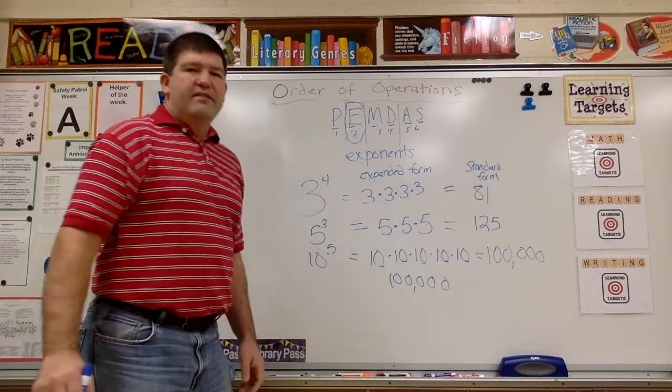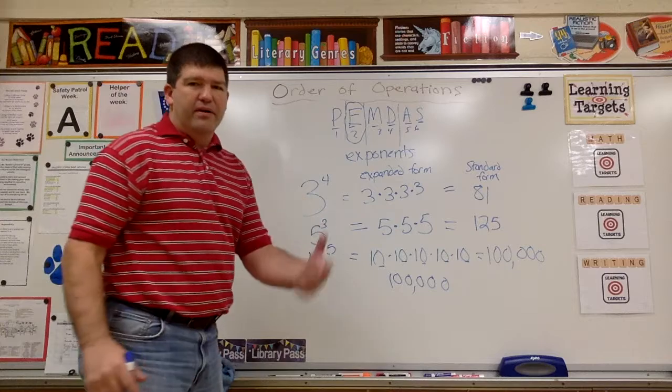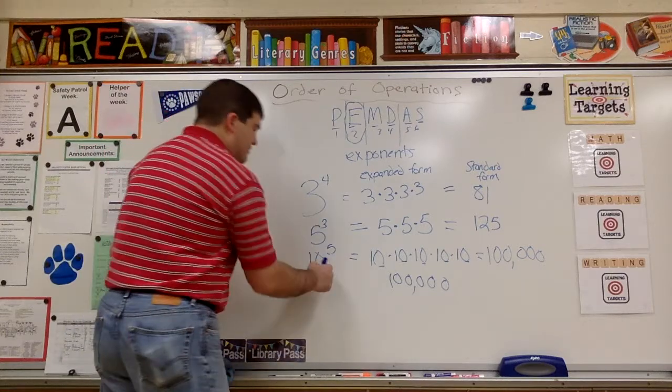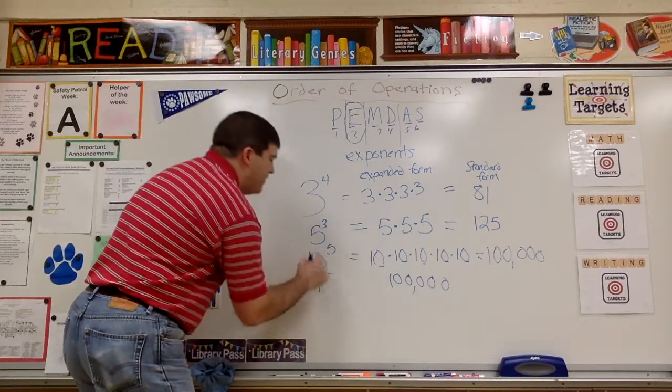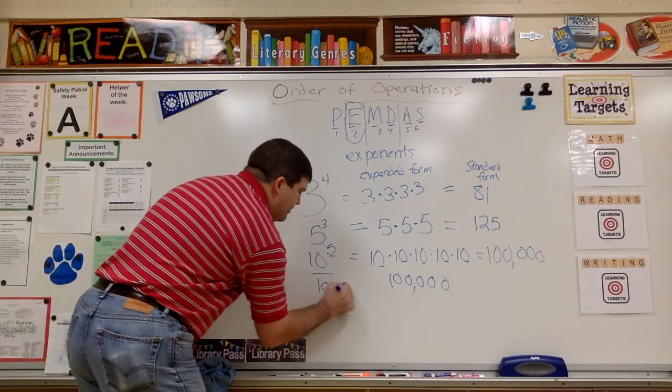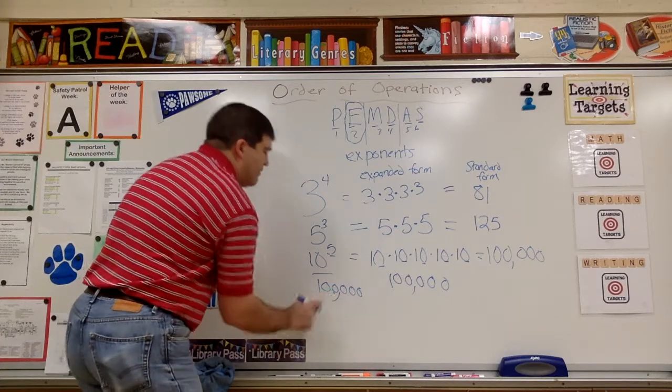So the easy way, when you have a 10 to some power, 10 to the fifth, is you take the 1 and put 5 zeros. Just like that.